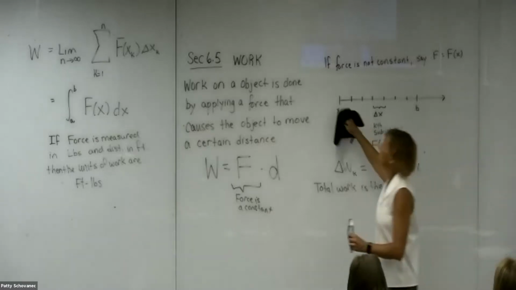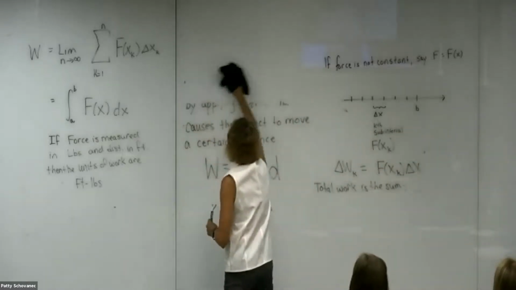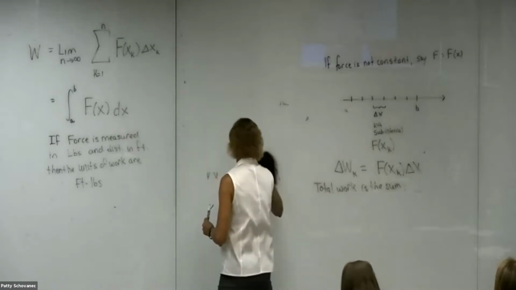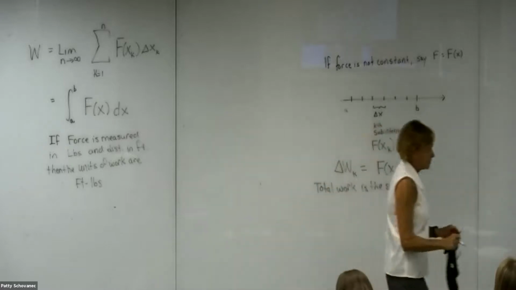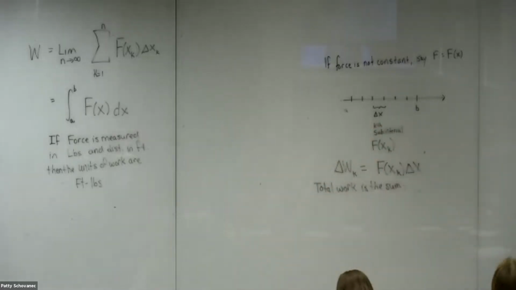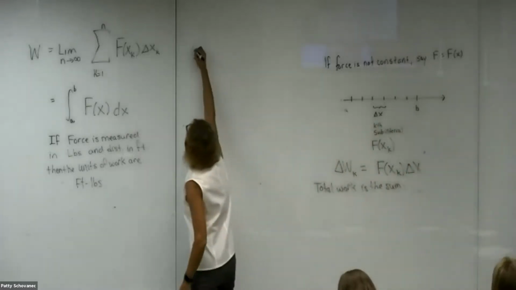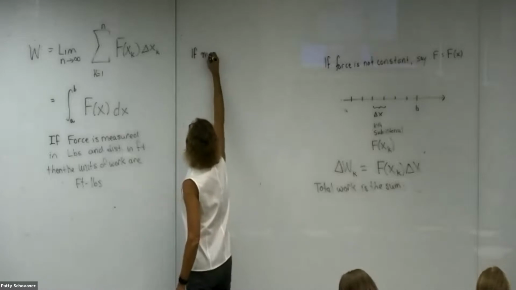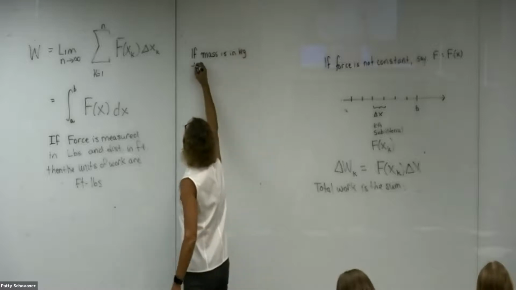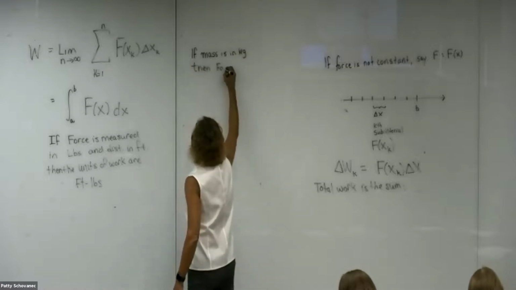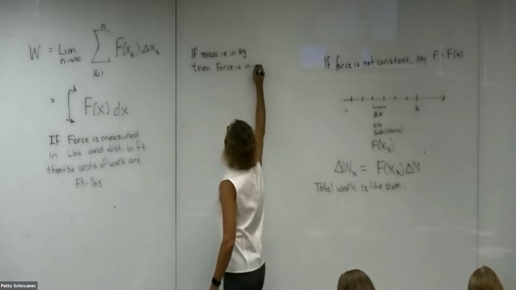If we go to the metric units of measurement, and maybe our weight of the object is in kilograms, and we move some certain amount of kilograms, then the force applied to the kilograms would be measured in newtons. So if mass of the object is in kilograms, then force is in newtons.